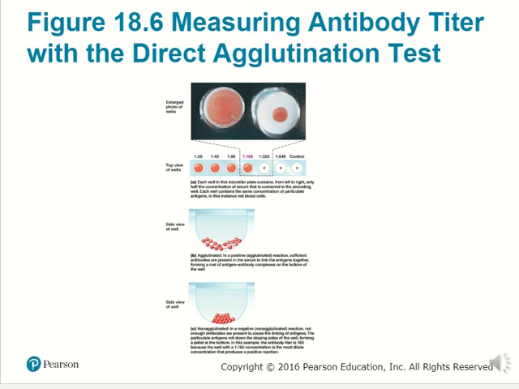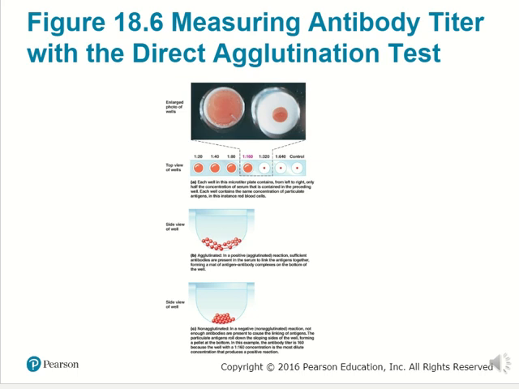In a negative or non-agglutinated reaction, not enough antibodies are present to cause the linking of antigens, so the particulate antigens roll down the sloping sides of the well, forming a pellet at the bottom. In this example, the antibody titer is 160 because the well with a 1 to 160 dilution is the most dilute concentration that produces a positive reaction.